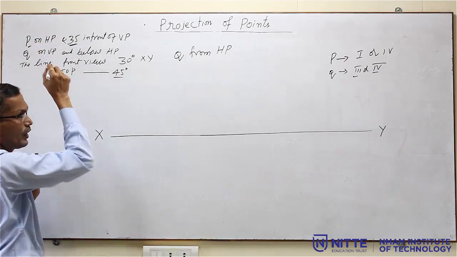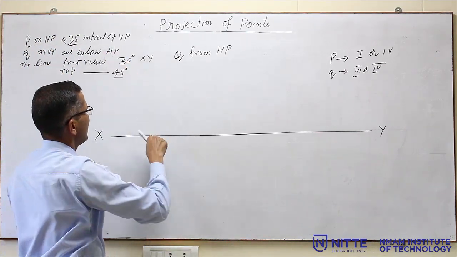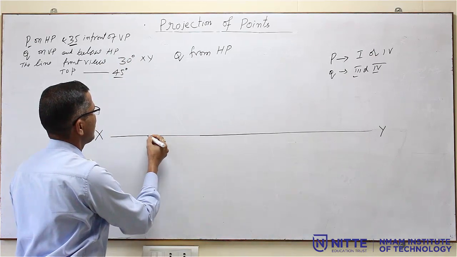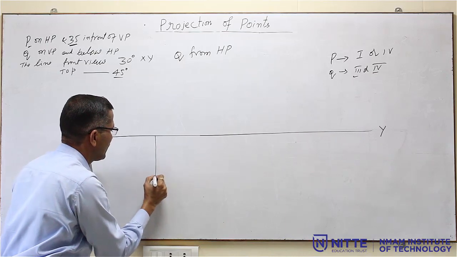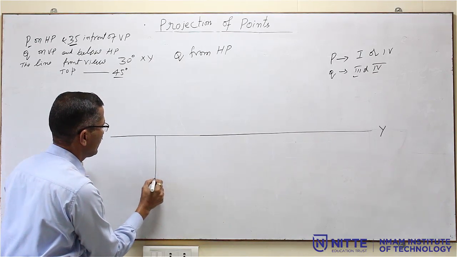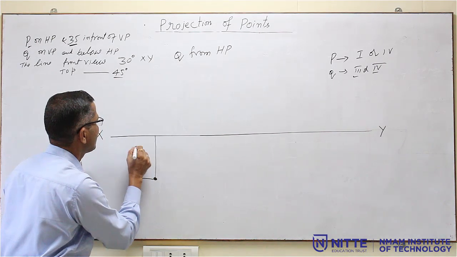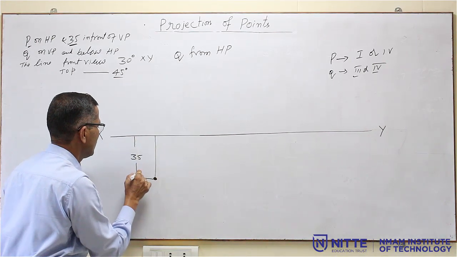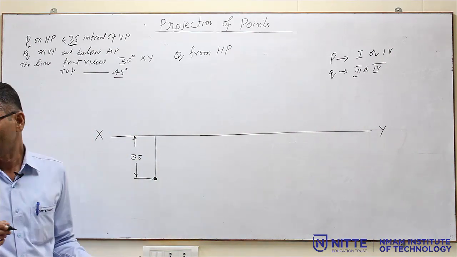What is the Hp distance? It is on Hp. On Hp means on the xy line. So, Vp distance will be marked on Hp. So, leave some distance and drop a line, light line, and measure a distance of 35 millimeters, and mark this point.